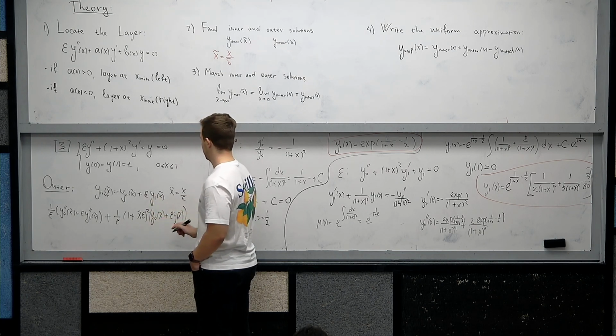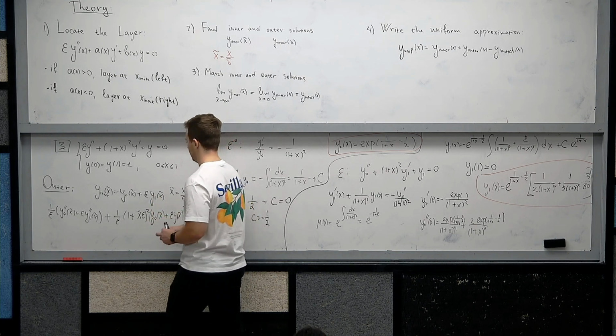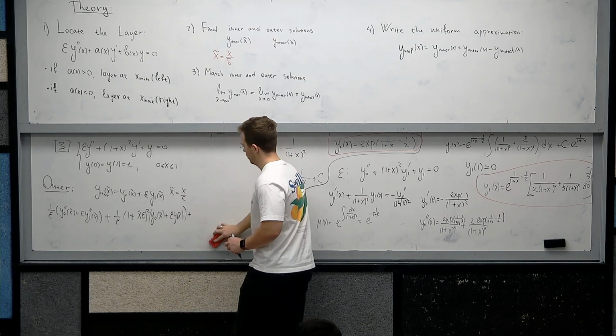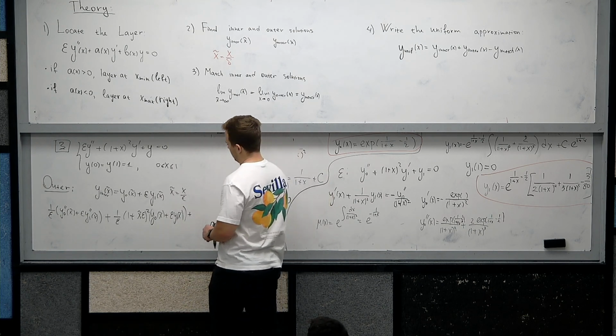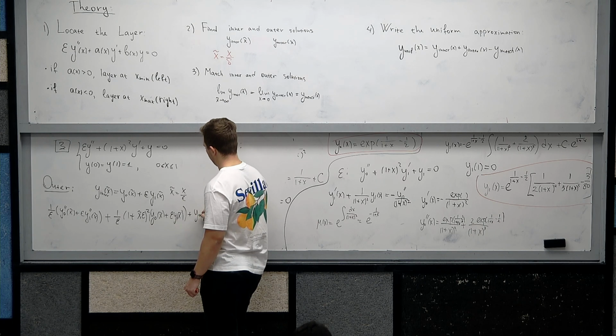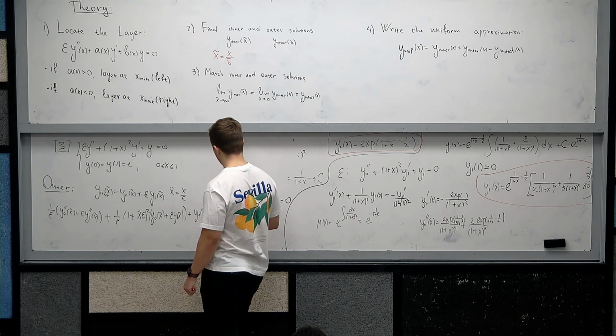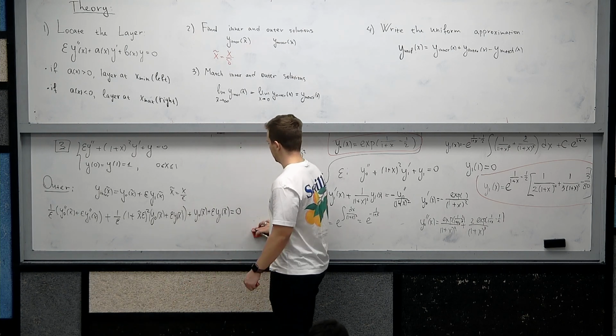This is the second term, and plus the first one, which is just y naught of x tilde plus epsilon y1 of x tilde. All of this equals 0.